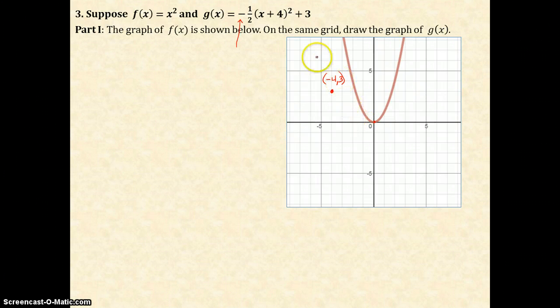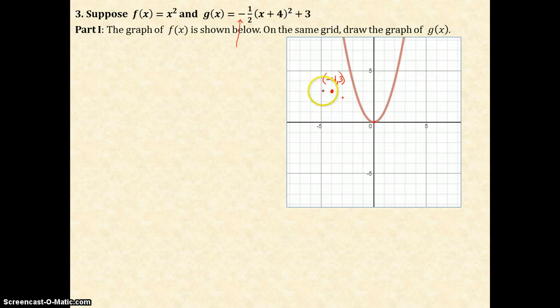So I can also plug in some x values to find some exact points to graph. Now I can think about this parabola being half as tall. So when I went over 1 on this parabola, I went up 1. When I go over 1 on this parabola, I'm going to go down a half. I'm going to go down half as far.